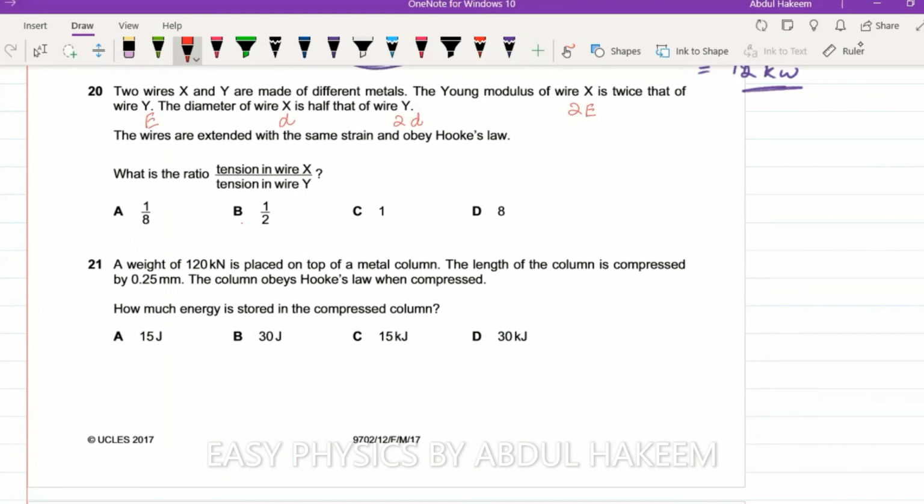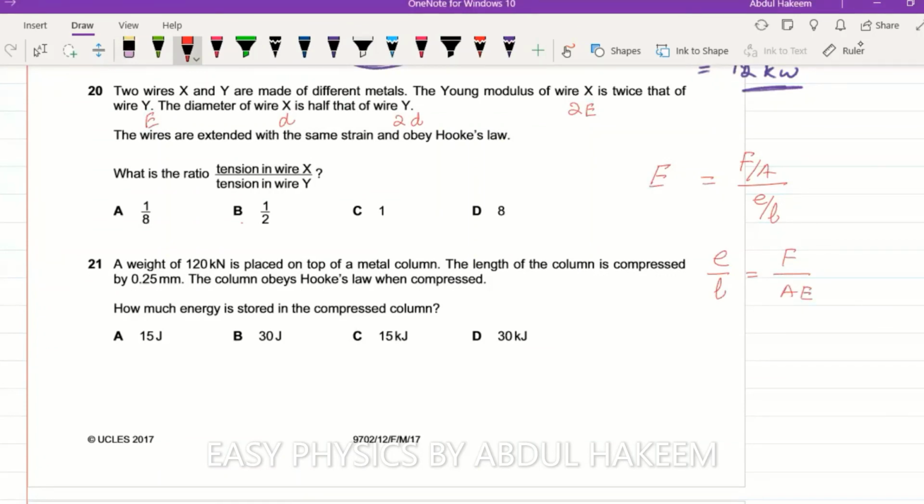The wires are extended with the same strain and obeying Hooke's law. What's the ratio of tension in wire X divided by tension in wire Y? Look, the Young modulus is equal to stress divided by strain. So they have same strain. It means e by L of both is same. So e by L is equal to F divided by AE.